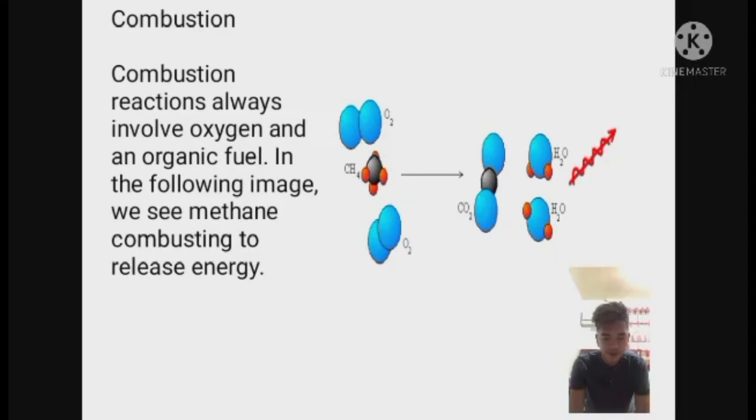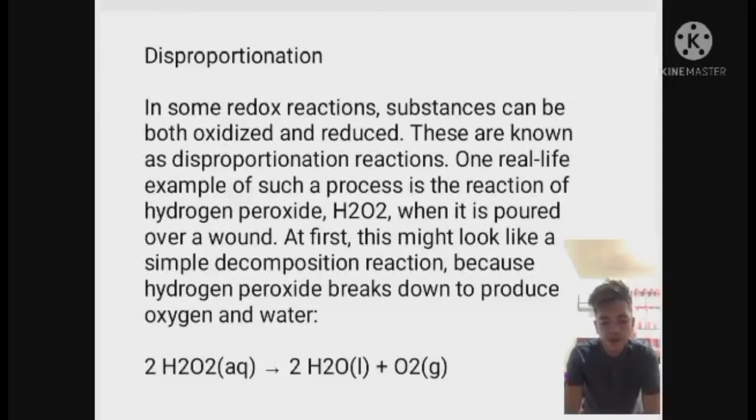They occur as single and double replacement reactions. Combustion. Combustion reactions always involve oxygen and an organic fuel. In the following image, we see methane combusting to release energy. Disproportionation. In some redox reactions, a substance can be both oxidized and reduced. These are known as disproportionation reactions.